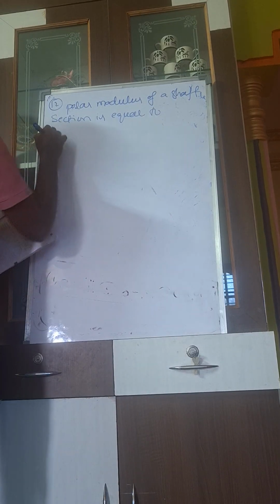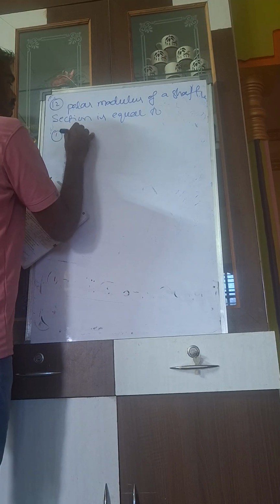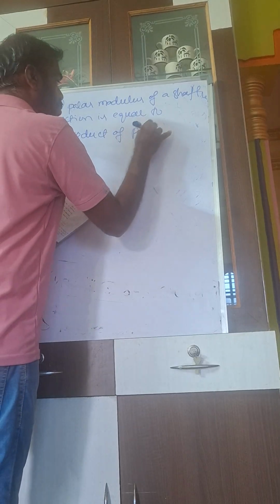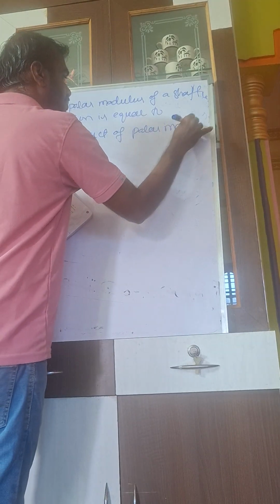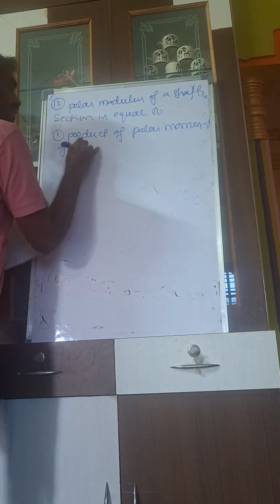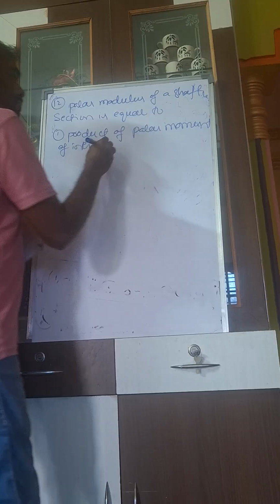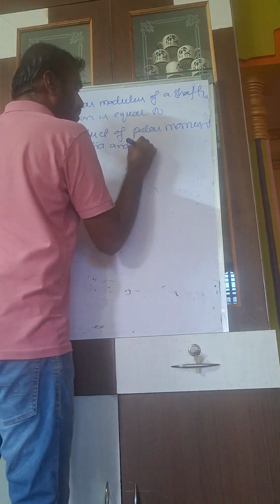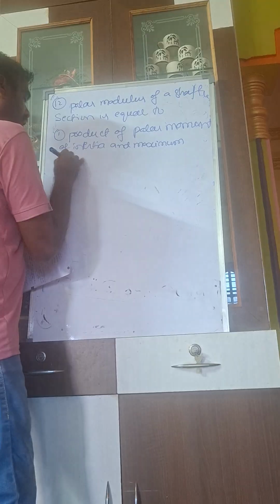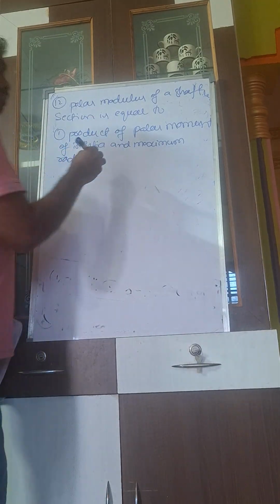The first one, A: product of polar moment of inertia and maximum radius of the shaft.